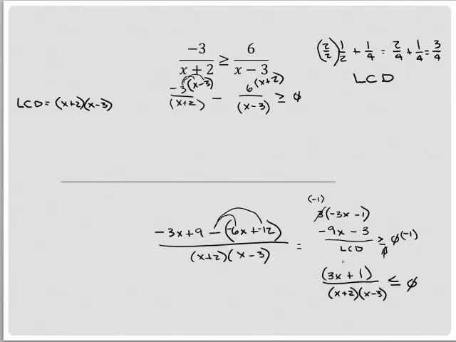Okay, let's get our pinpoints. x is equal to negative 1/3. x is equal to negative 2. And x is equal to 3. Okay, we'll put negative 2 up here first, and then we had a negative 1/3, and then we had a 3.